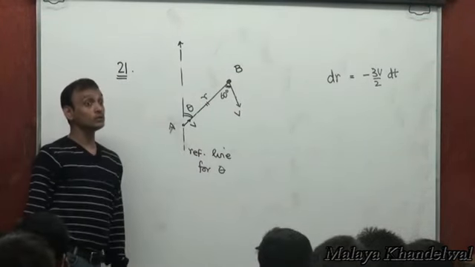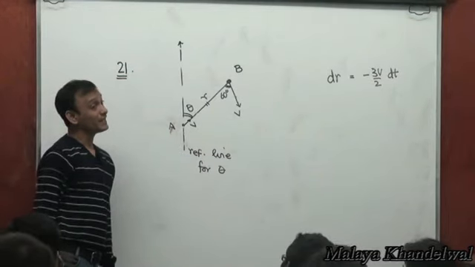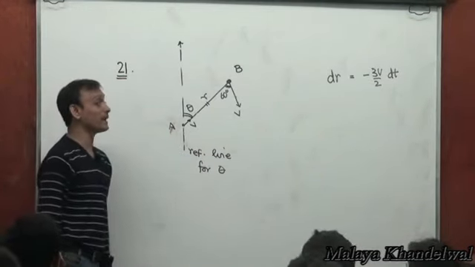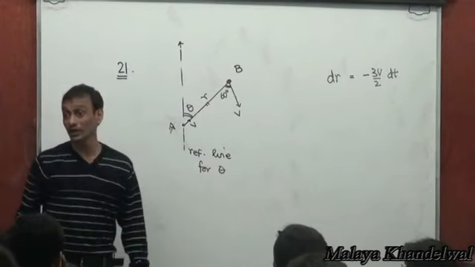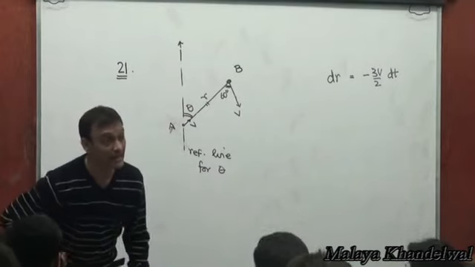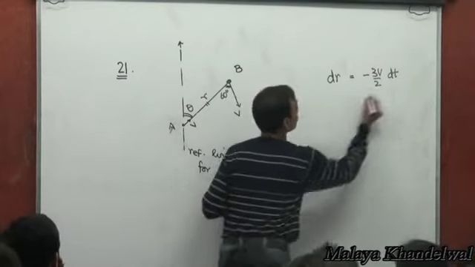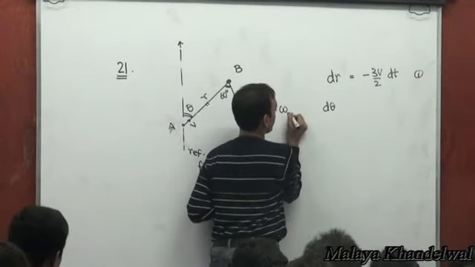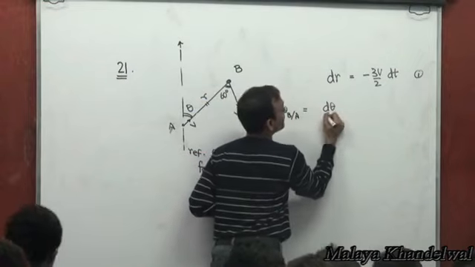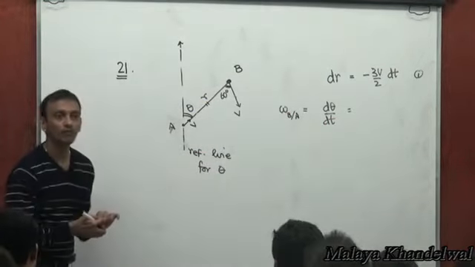There is an angular velocity of B as seen by A that will measure d theta dt. Isn't it? D theta dt would be the angular velocity of B as perceived by A, right?